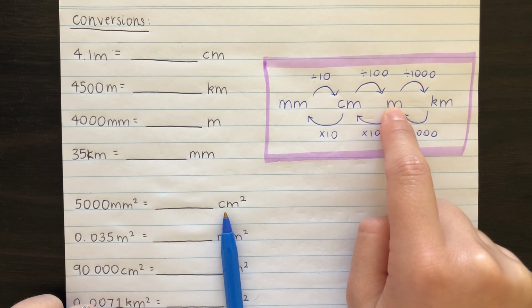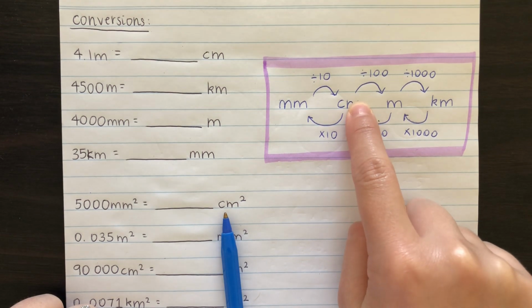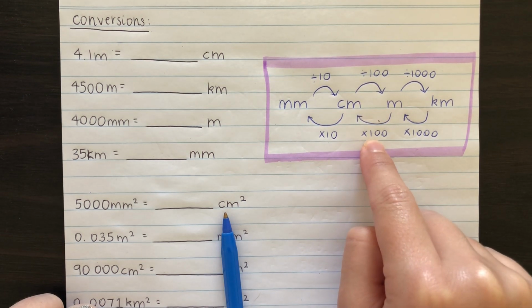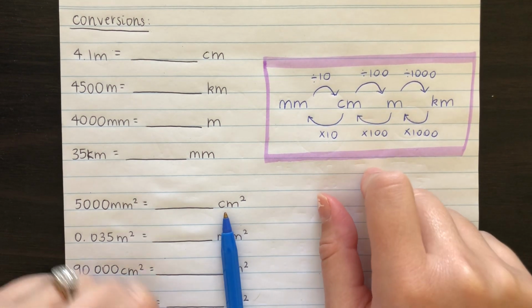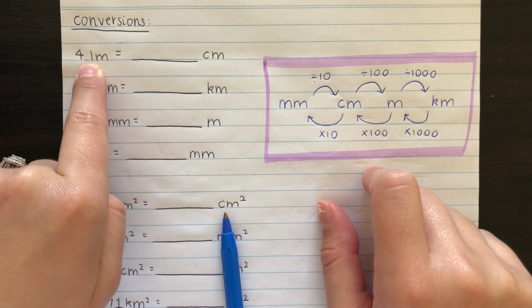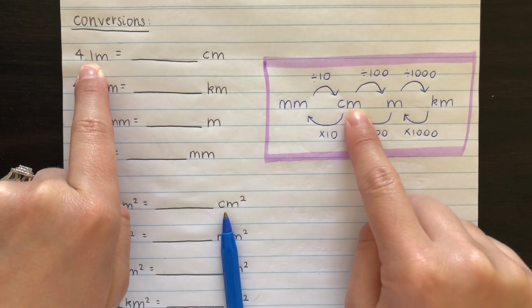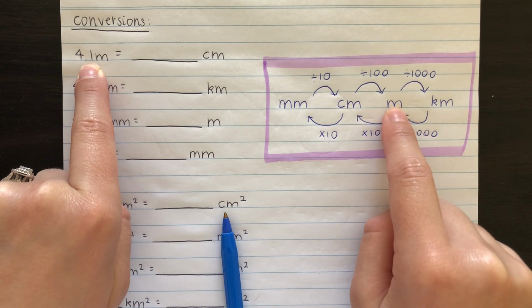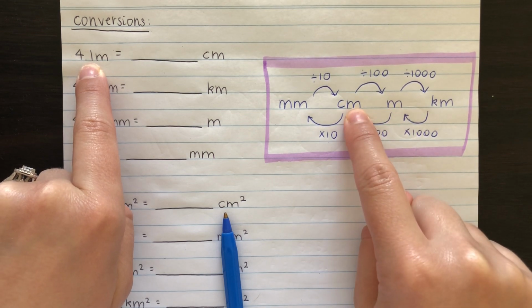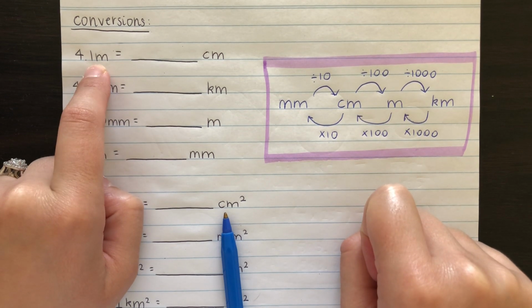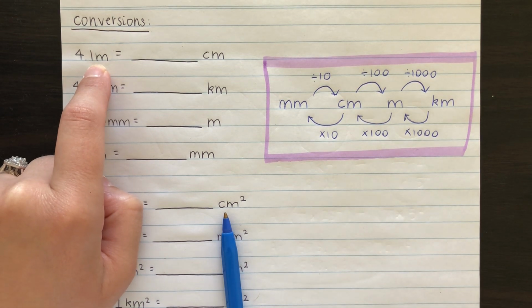So to get from metres to centimetres, you multiply by 100. So basically what you're doing is you're taking the metres number and you're multiplying by 100 because that's how you get from metres to centimetres. So you need to take this number and multiply by 100.